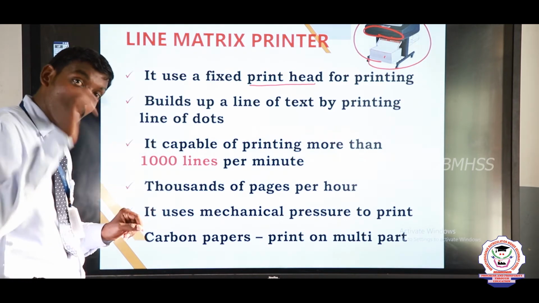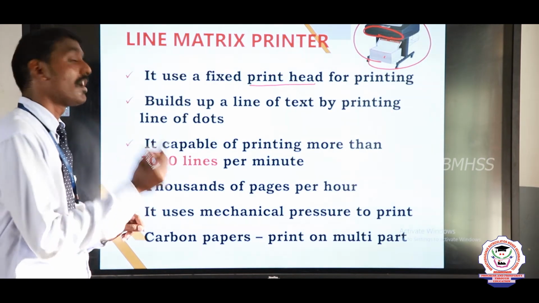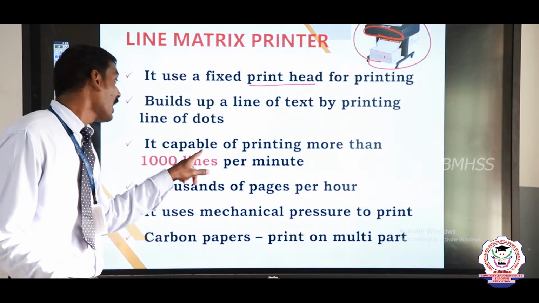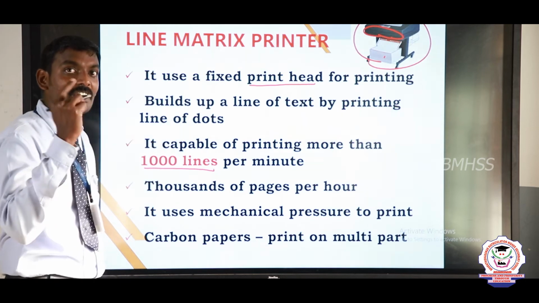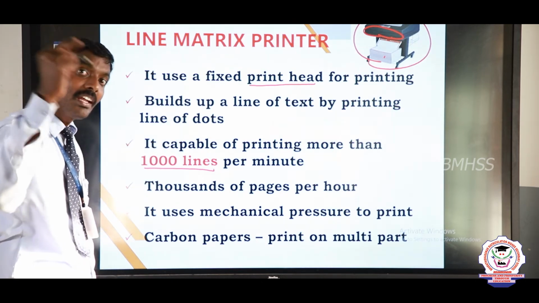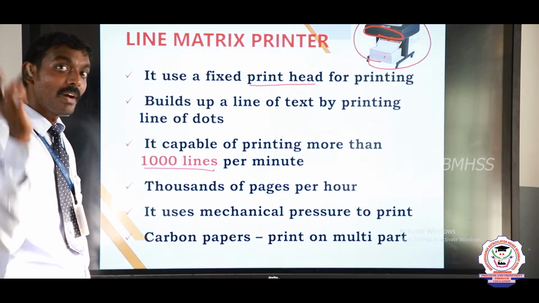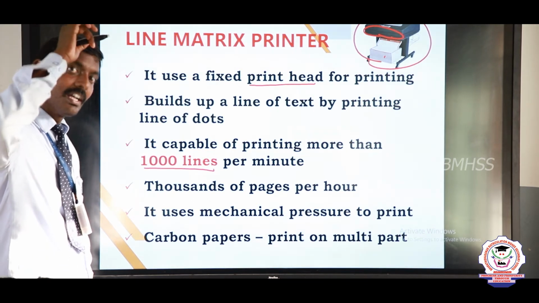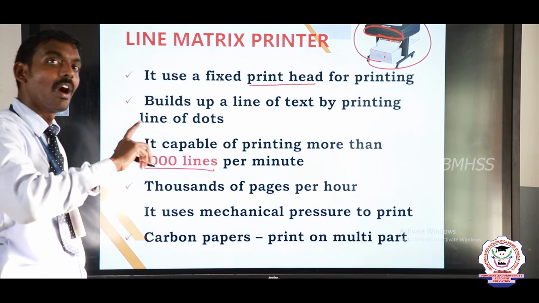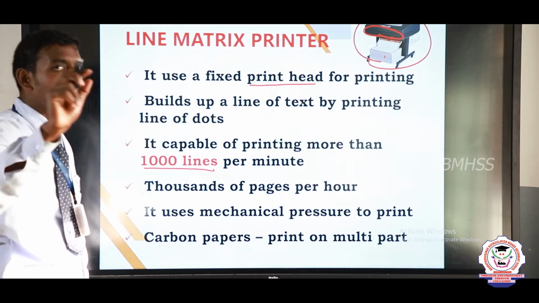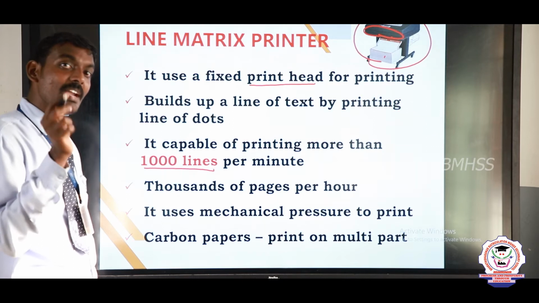That line can be printed with the help of a line of dots, and it is capable of printing more than 1000 lines per minute. Even in one minute, we can print 1000 lines. But per second, in a dot matrix printer, we can print what? One line at a time. And how many characters per second?